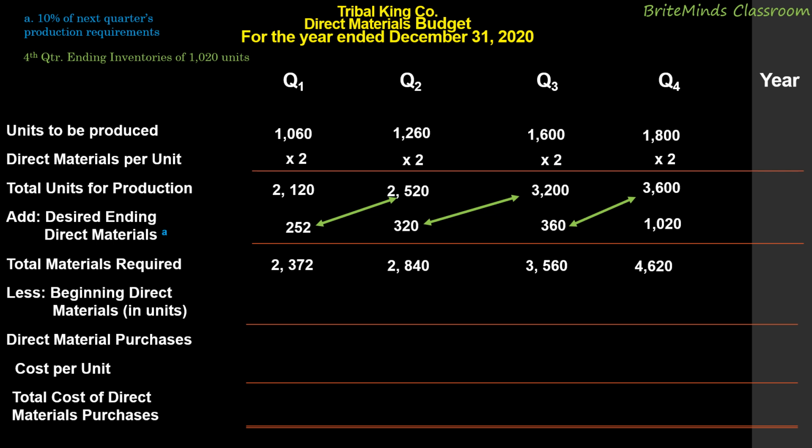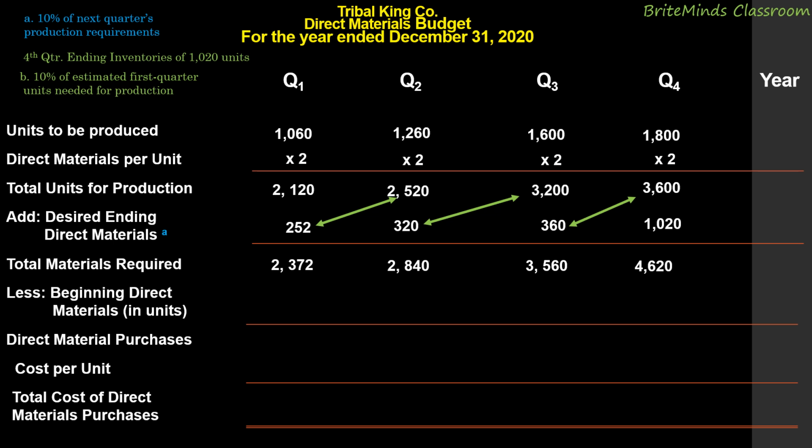Then less beginning direct materials. Then we have this last assumption, guys, that it is 10% of the estimated first quarter units needed for production. So to determine the beginning direct materials in units, it says 10% of the estimated first quarter units. Okay, so the total units for production for quarter 1 is 2,120. So we will take 10% of it as our beginning direct materials in units.